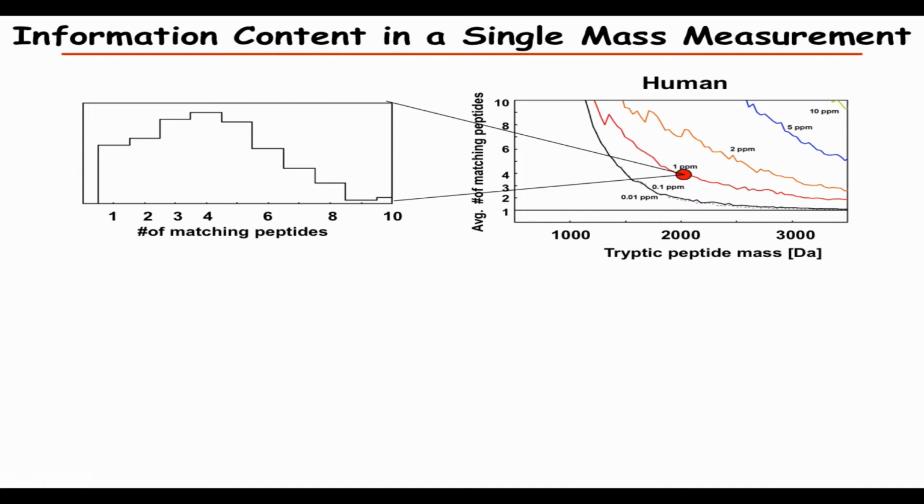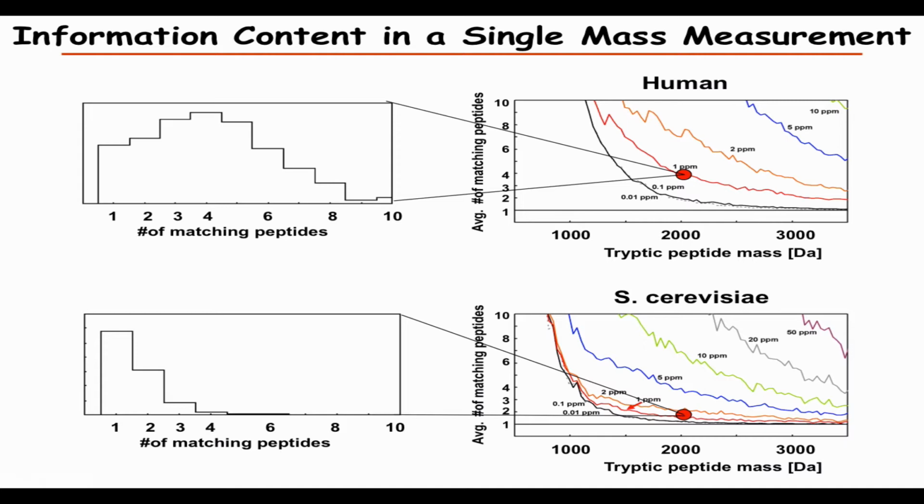That's why at that point we don't get any more improvement. And if we do this for an organism with a smaller proteome, we get a much better accuracy. At the same 1 ppm accuracy, tryptic peptide mass of 2000, most of the time it defines a single peptide.